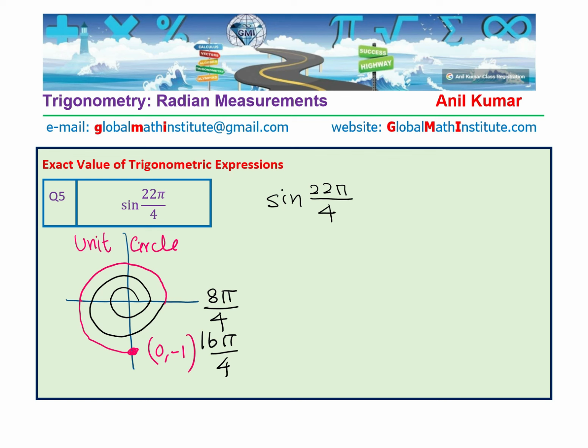Sine value is this, negative 1. You get the whole idea. So this is as good as writing minus 1. Once you know the position straight away, you can write down the answer. Is that clear to you, right? So in this case, we kind of use the unit circle.